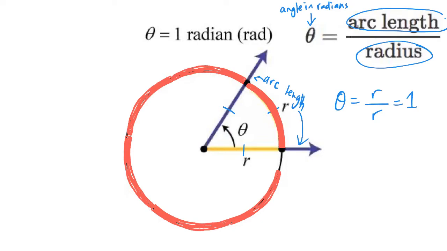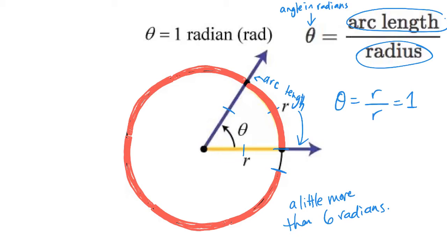And you can see that there's a little bit left over. So this little chunk that goes from here to here is like I don't have enough space for another radian. So that means that around the full circle, we're looking at a little more than 6 radians.